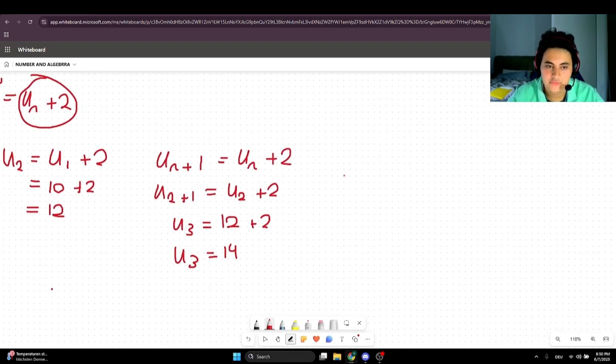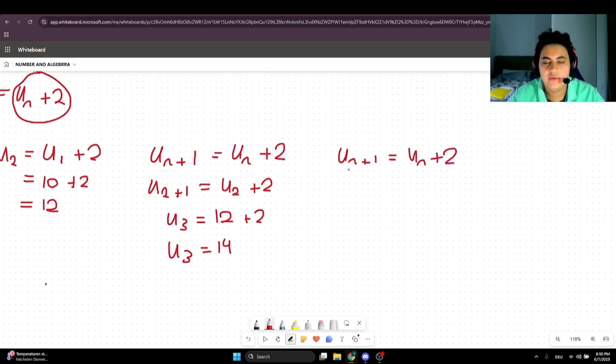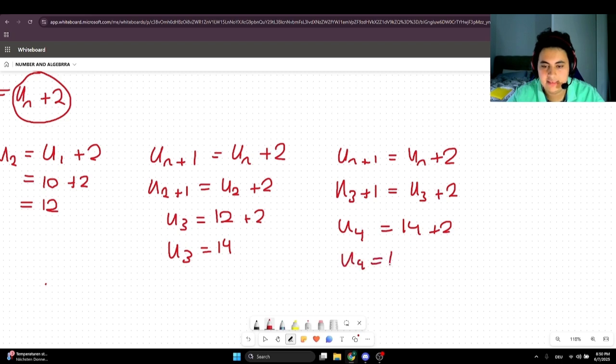Let's do u4. If I have un plus 1 is equal to un plus 2, what does n have to be so that when I add 1 to it, it equals 4? It has to be 3, right? So it's u3 plus 1 is equal to u3 plus 2, and u3 plus 1 is u4. u3 is equal to 14, we just worked it out, plus 2, which is equal to 16.